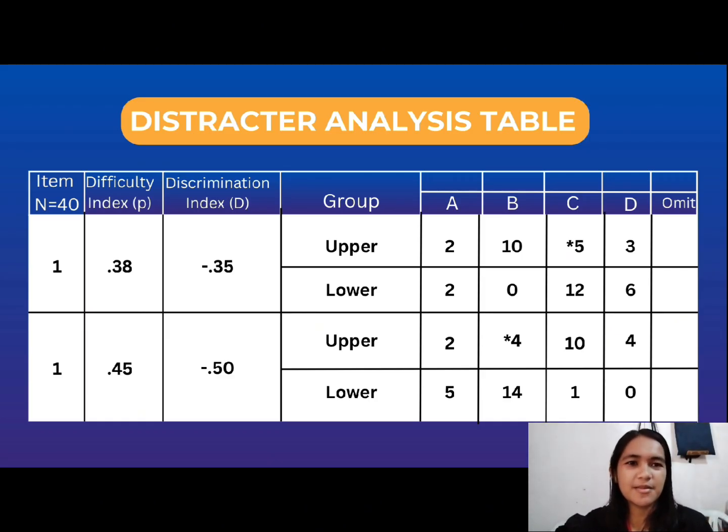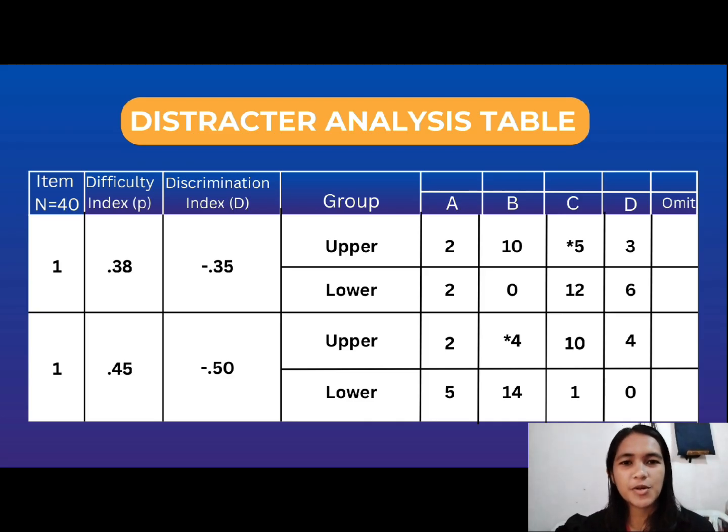So we have another example here, which is the distractor analysis table. Let us also answer the following questions based on this table. First, what kind of items do you see based on their D or discrimination indices? Here we have negative discrimination indices. This indicates that more lower group students than upper group students choose the correct answer or the distractor.